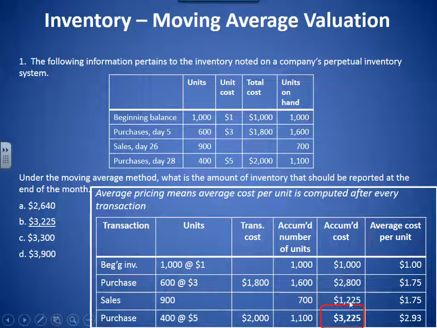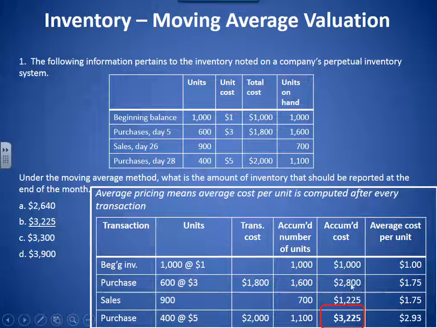Our inventory cost is equal to our $2,800 minus our total cost of sales. What we're going to do is compute our 900 units sold times 1.75, and that should come out to, I believe, $1,575.